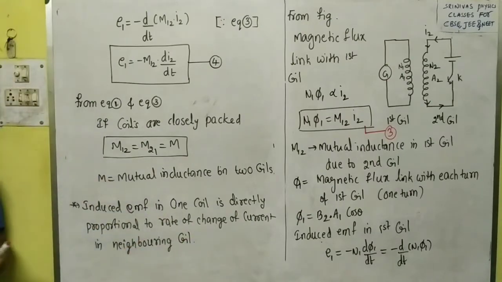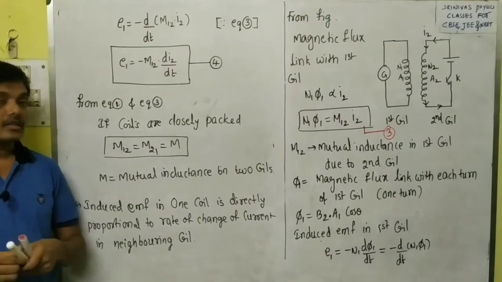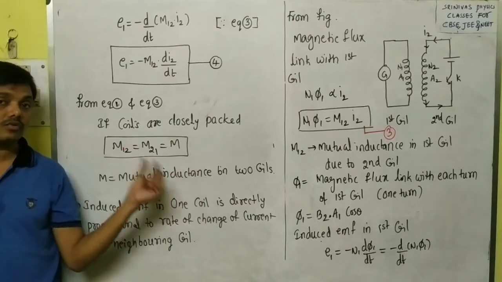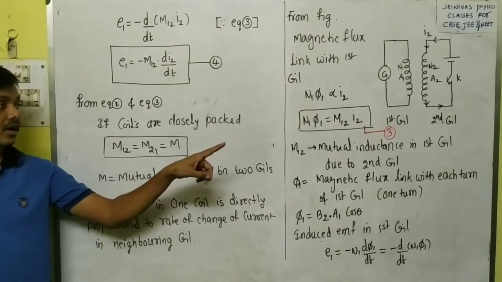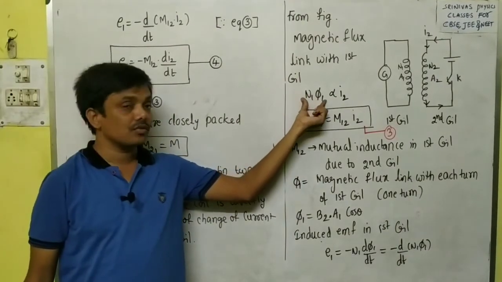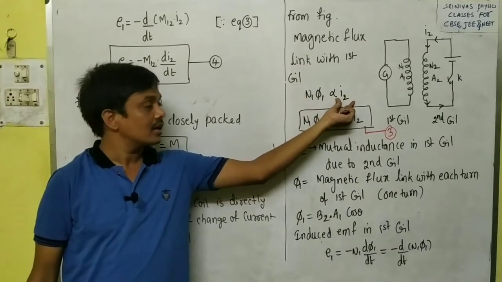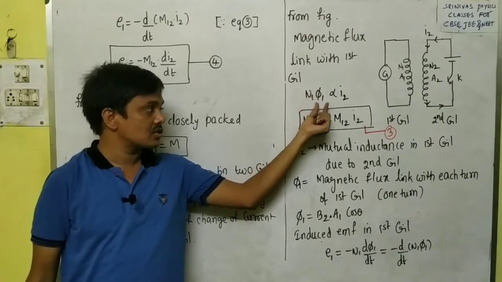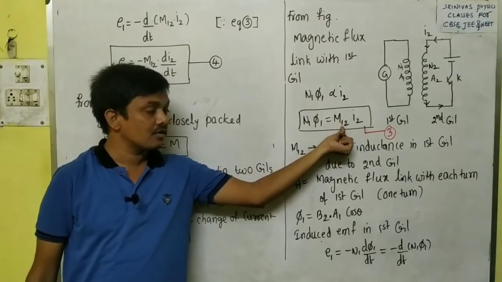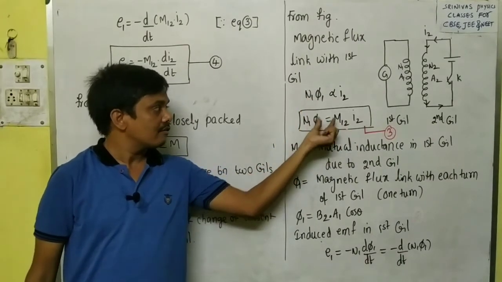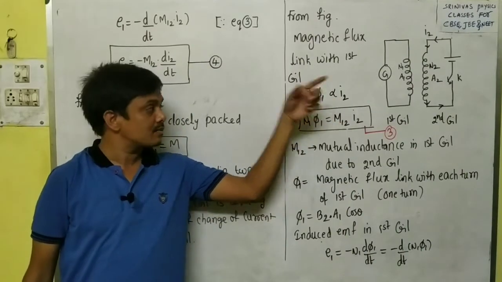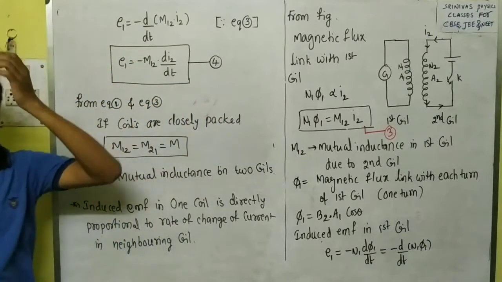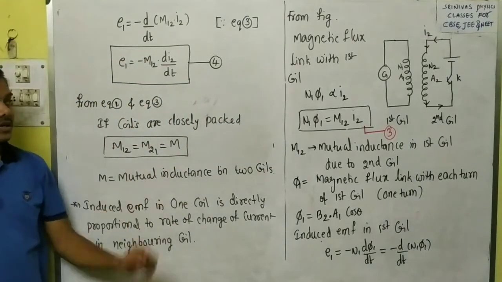This is the thing we discussed: flux linked with one coil, N1 phi 1, depends upon the current in the other coil. Flux linked with the first coil depends upon the current in the second coil. When flux links with the first coil, EMF is induced in the first coil. That's why we say mutual inductance of the first coil due to the second coil. When the proportionality is removed, we get a constant. Similarly, the flux linked with the second coil depends upon the current in the first coil. And these are the derivations.